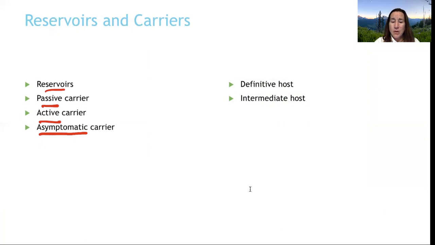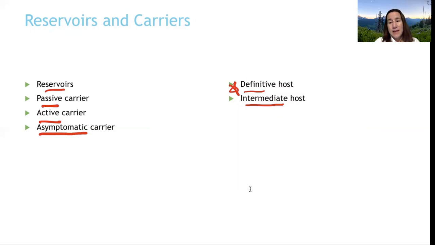As far as hosts, there are going to be definitive hosts and intermediate hosts. Definitive hosts is where the parasite ends up as an adult. Some of these parasites will have life cycles where they will have multiple hosts. There's one, schistosoma, will invade other animals. Like sometimes it may take up residence in fish, sometimes it takes up residence in a snail before it passes on.